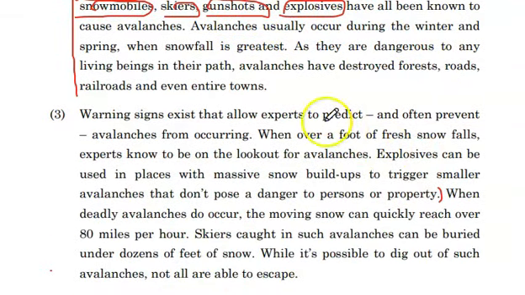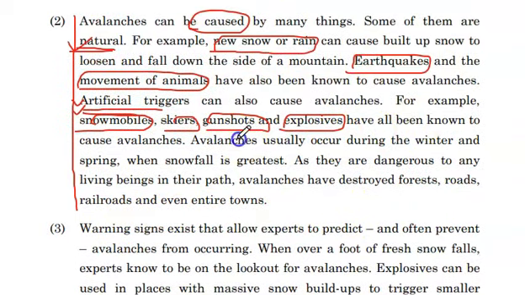In the latter part of the passage, the author says avalanches usually occur during the winter and spring when snowfall is greatest. As they are dangerous to any living beings in their path, avalanches have destroyed forests, roads, railroads, and even entire towns. So the last part of this paragraph is talking about the destruction caused by avalanches.